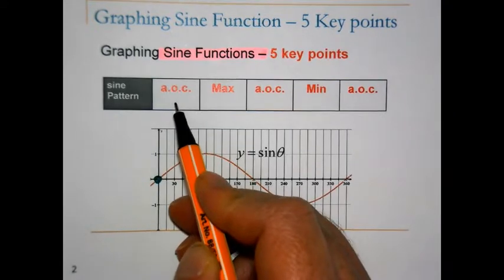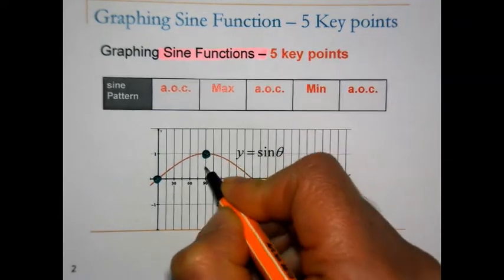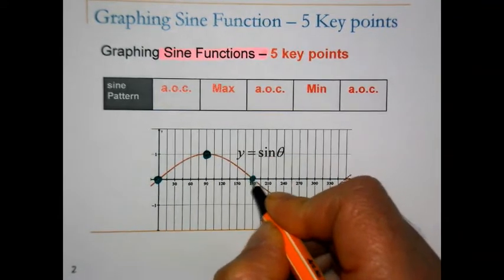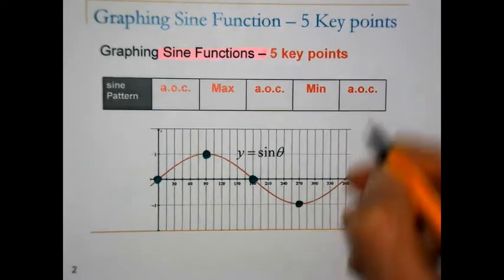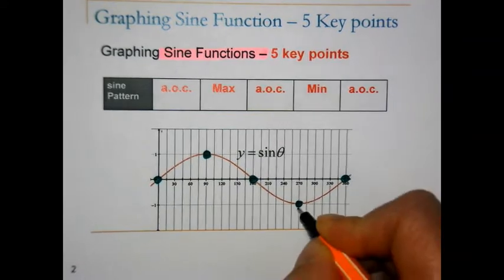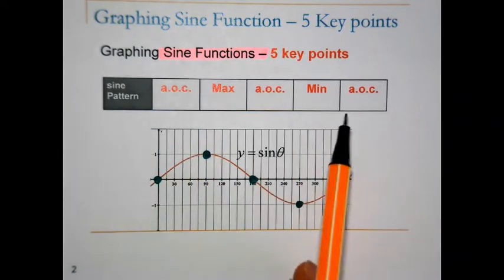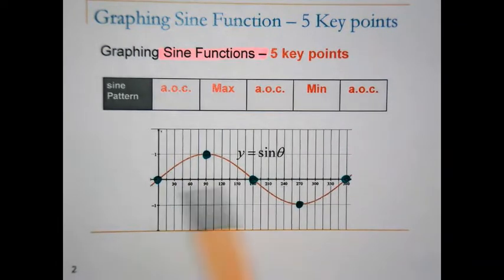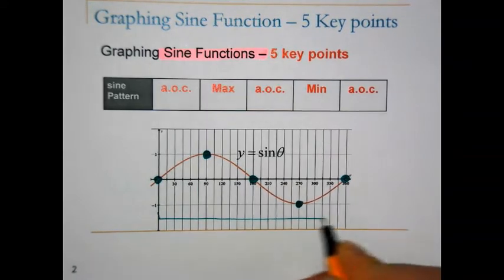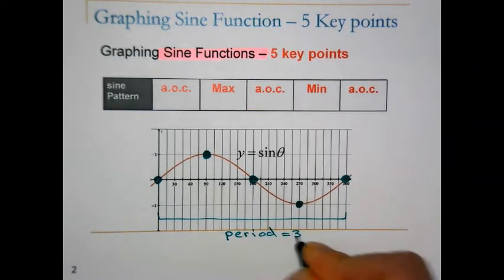So you always start from the axis of curve, then it will reach the max, then comes back to the axis of curve, comes down to the minimum, and then back to the axis of curve. This is a pattern you have to remember when you are graphing a sine. Please remember that for a basic sine function, your period is 360 degrees.